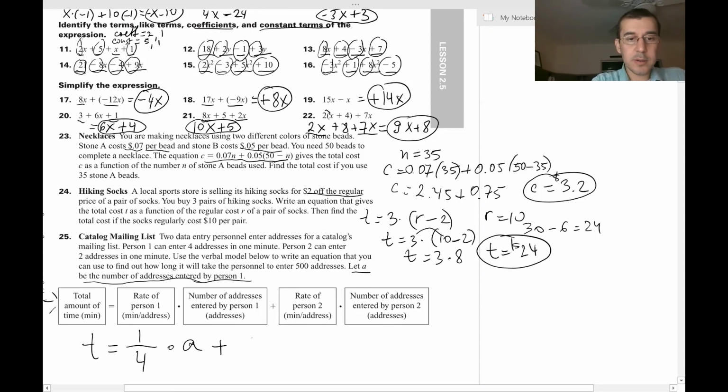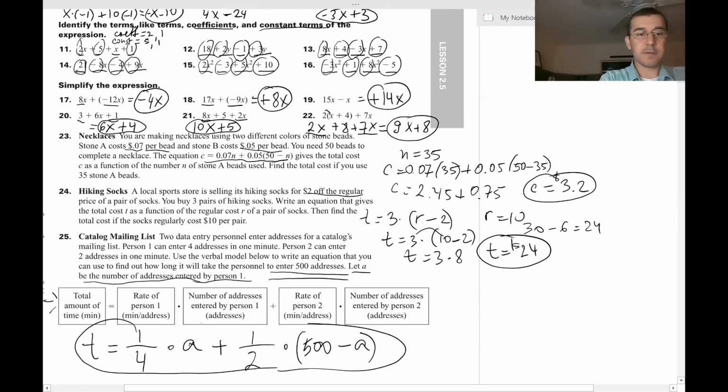In 1 minute, the second person can enter 2 addresses, times number of addresses entered by person 2. Well, we know that we're going to enter 500 addresses. That's 500 minus A, what person 1 enters. So the total is going to be 500 of person 1 and person 2 entering addresses. If A is the number of addresses entered by person 1, person 2 enters 500 minus A. So that's the equation for number 25.